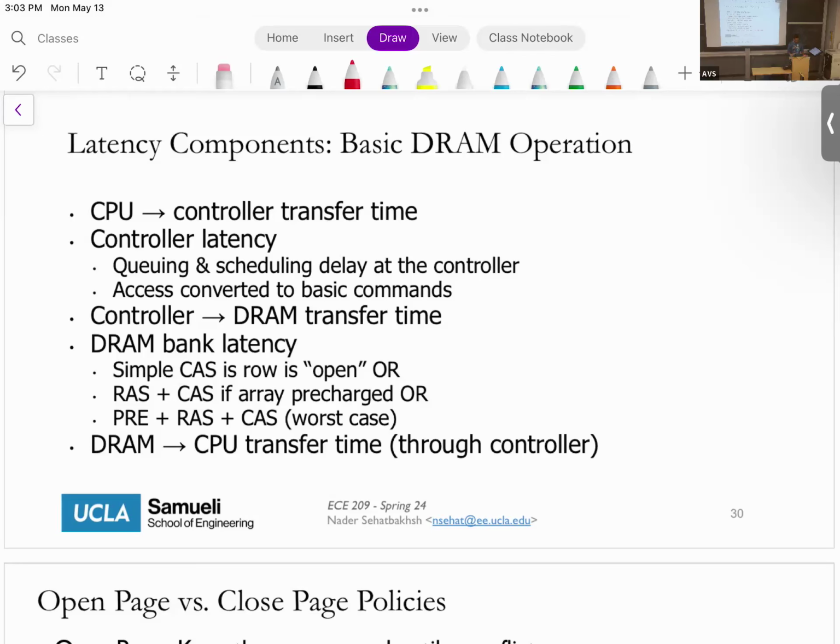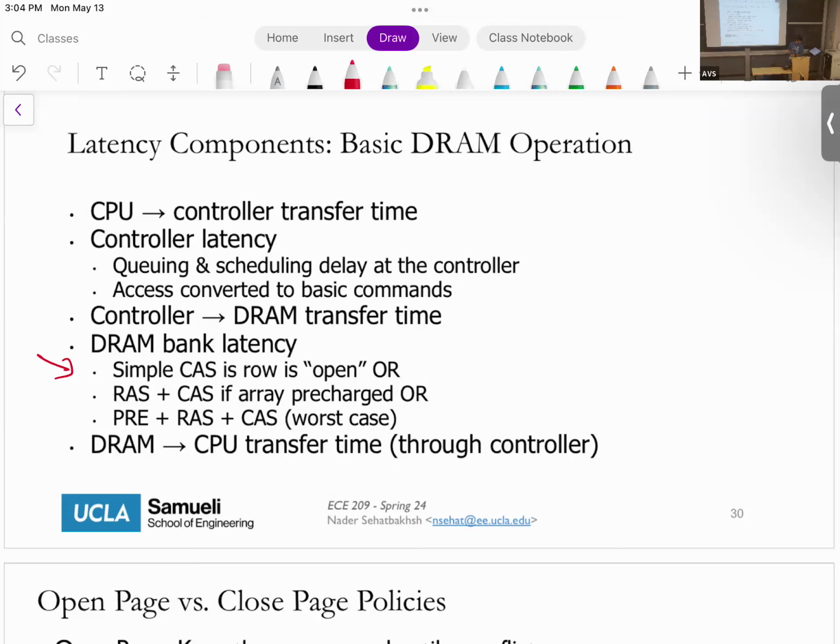All right. Then once you make the decision, now this is the action time. The action also takes time. How much time does it take? It depends on what happens. If the row is already open and you have a row buffer hit, the time it takes to access this is the column access time, or CAS.